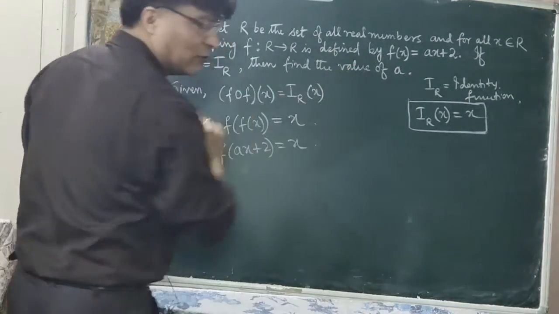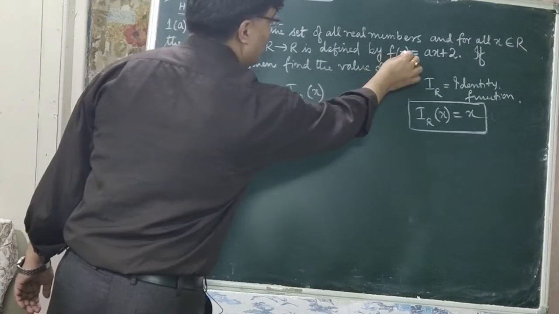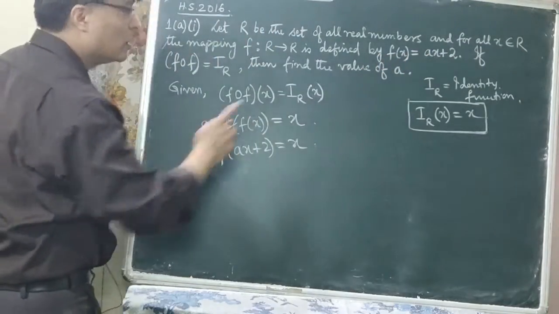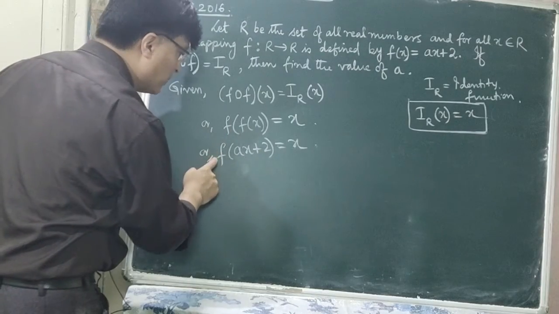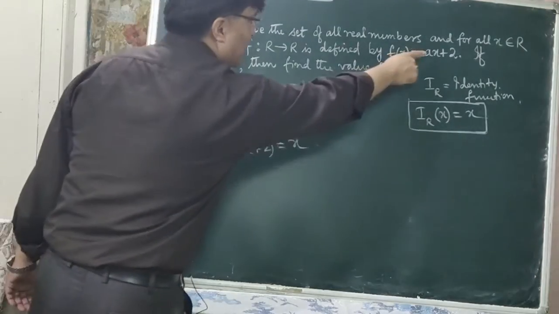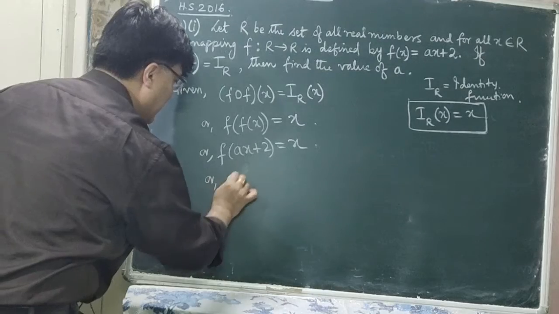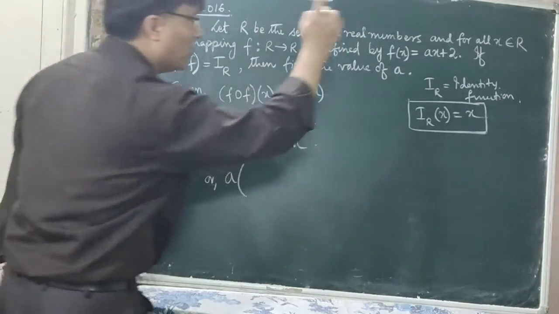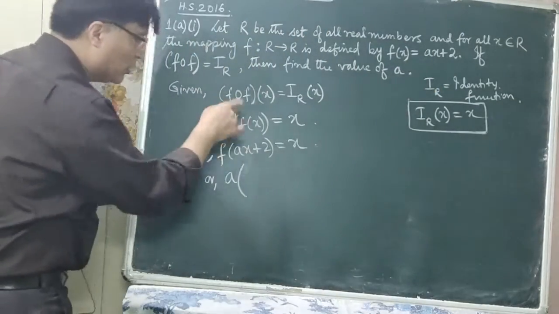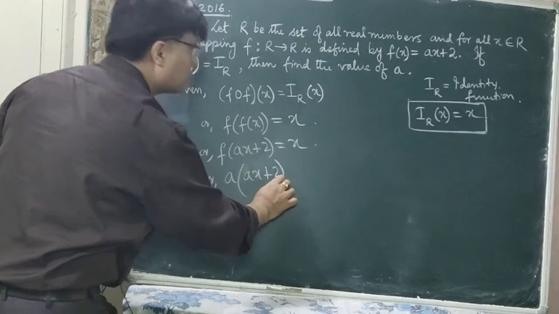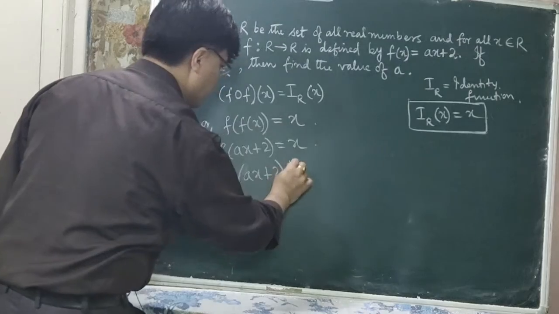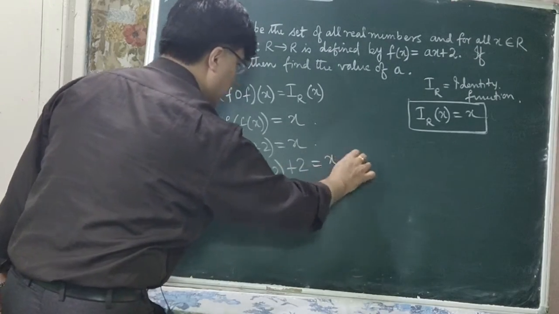Now again you can put the value here. So if f of x is there, then this is ax plus 2. But instead of x, you should put ax plus 2 here. So what is the value for f of ax plus 2 from the right hand side? It will be a within bracket. Again, instead of this x, you have to put this value, that is ax plus 2. Ax plus 2. Then you should write plus 2, which is equal to x.